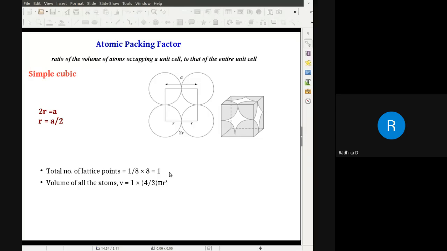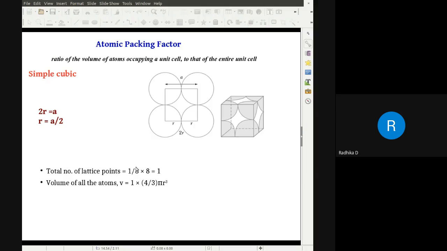Next, the volume of a single atom is 4 by 3 pi r cube. But for the volume of all the atoms, I should take the total number, that is 1 into 4 by 3 pi r cube. The total number is not 8 because you don't have a full sphere here. Are you understanding this? You are only getting 1 by 8 of each.